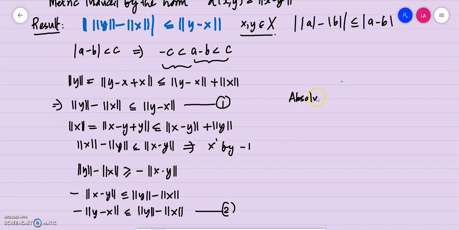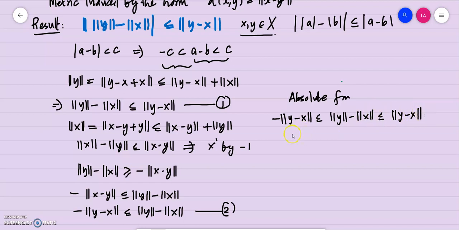Combining these two inequalities, minus norm (y minus x) is less than or equal to norm y minus norm x, which is less than or equal to norm of (y minus x).